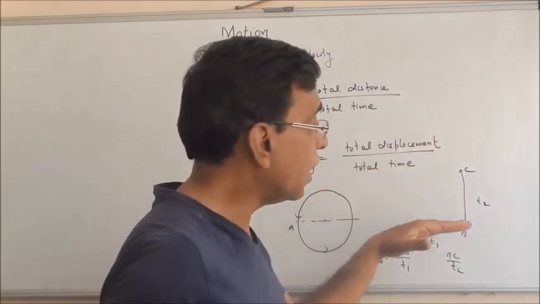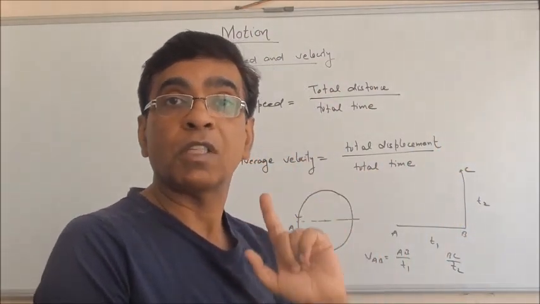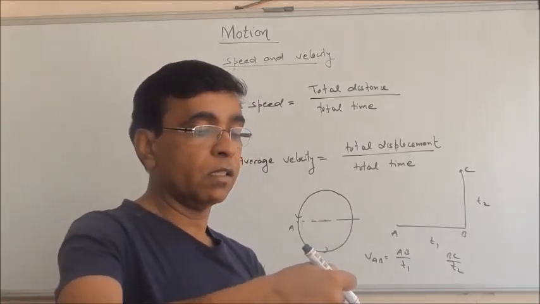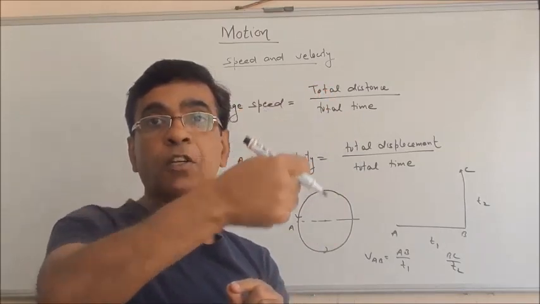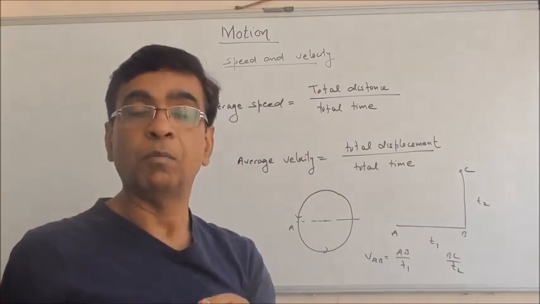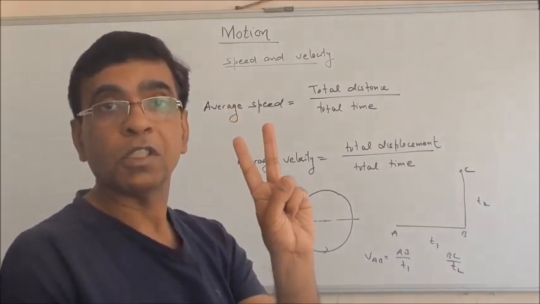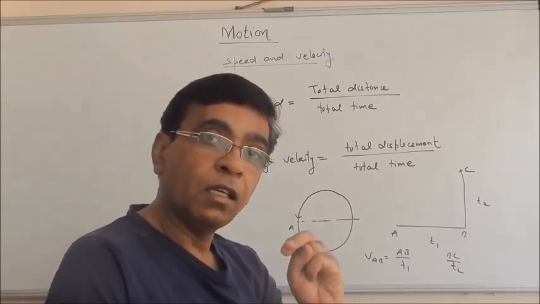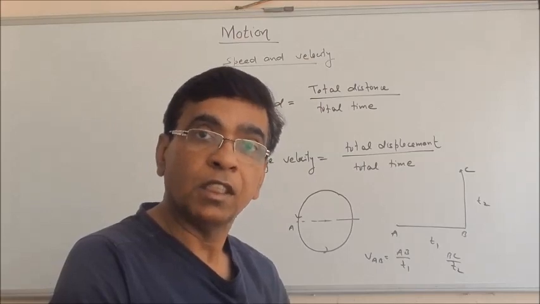The velocity has changed even if the body is moving with constant speed. So if a body is moving like this and then suddenly it changes its direction like this, its direction of motion has changed. It means the velocity has changed, because velocity includes two concepts in it: speed and direction. Change either in speed or in direction means a change in velocity.